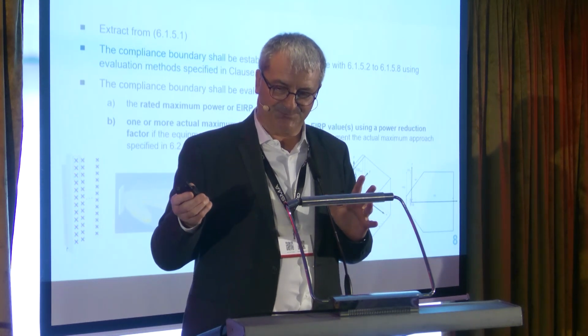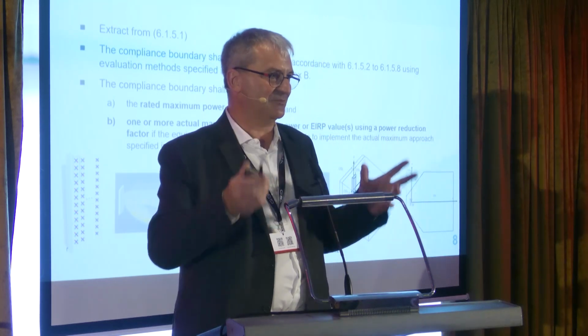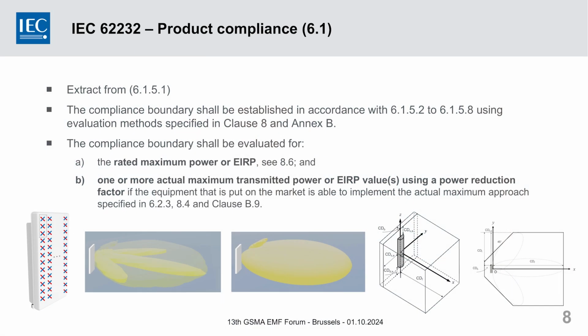So you see on the screen an example of a 5G antenna array. The big bubble is what we call an envelope. It's the physical boundary of all beams. Whatever combination of antenna element weighting function you use, you will never exceed the big yellow bubble. And this is what is generally used for compliance assessment.